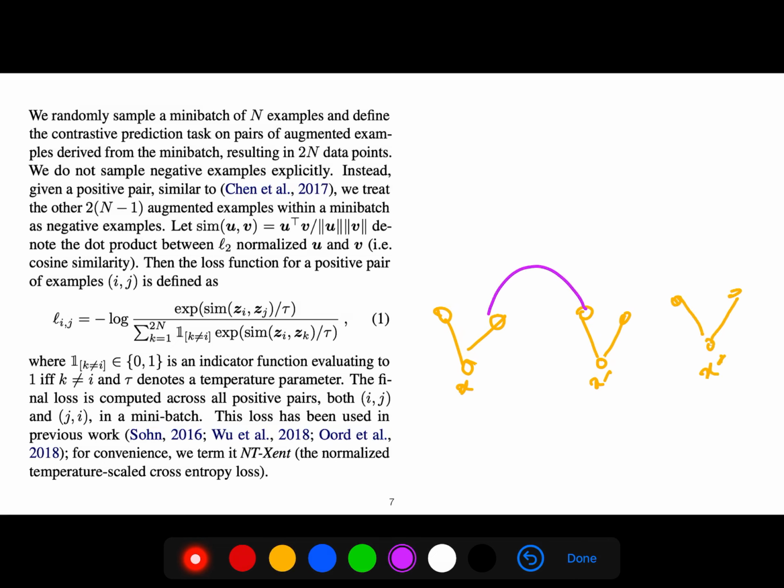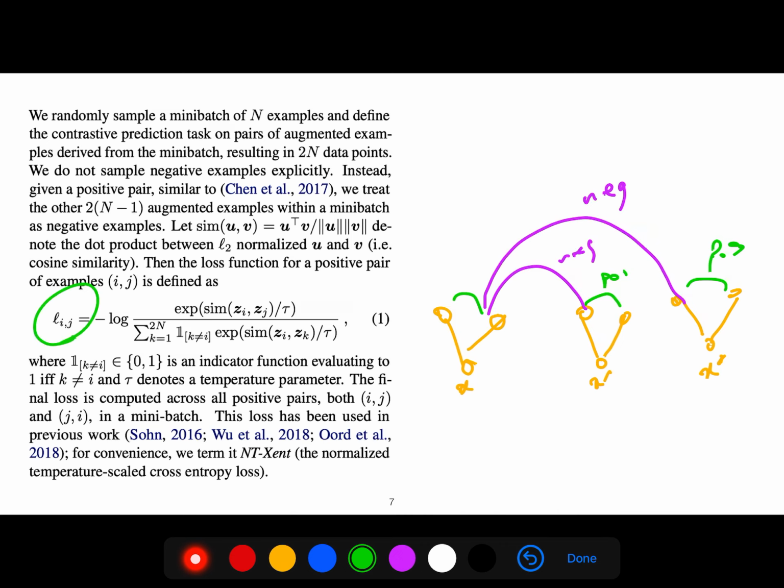So if you go from here to here or from here to here, all of these are negative. But of course, these are positive. These are positive because they are augmentations. They are similar images because it's just rotation and something. And so the loss can be written as this.